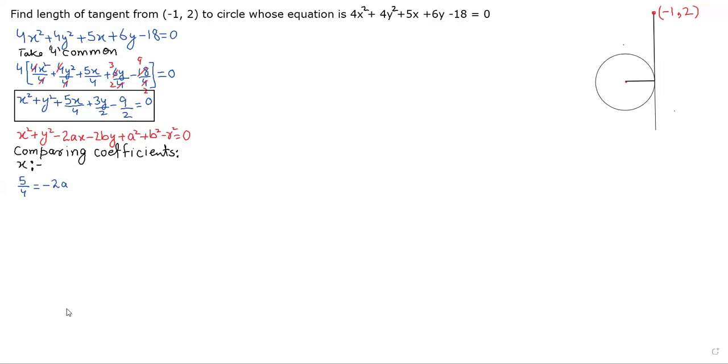When I simplify it, the result will be a equals minus 5/8. That's my first variable, a equals minus 5/8.